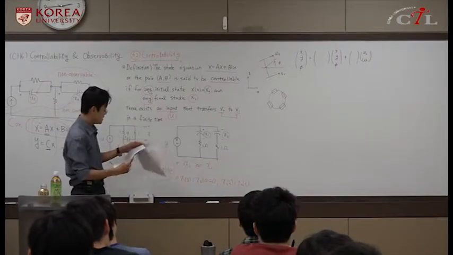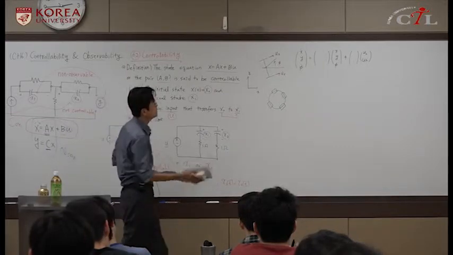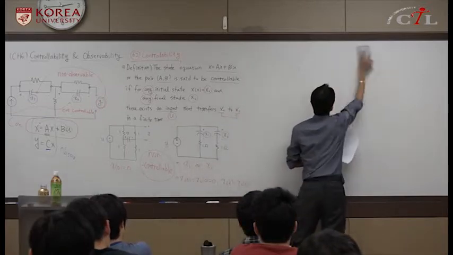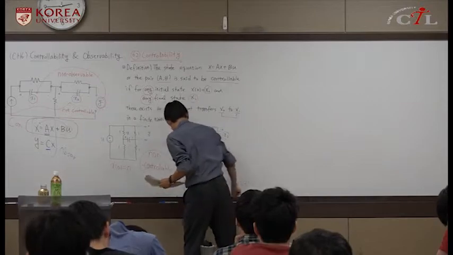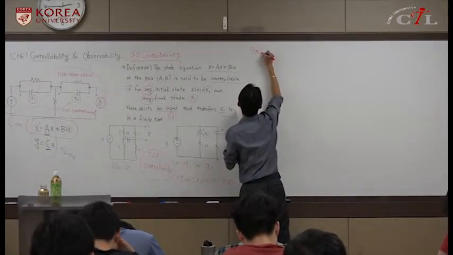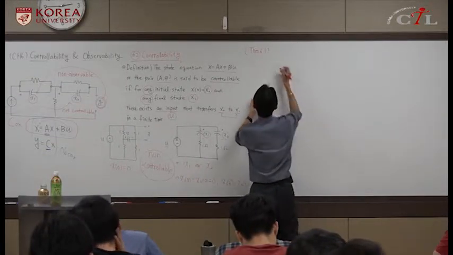So let me say when the system is controllable. System's controllability, Theorem 6.1. The following statements are equivalent.